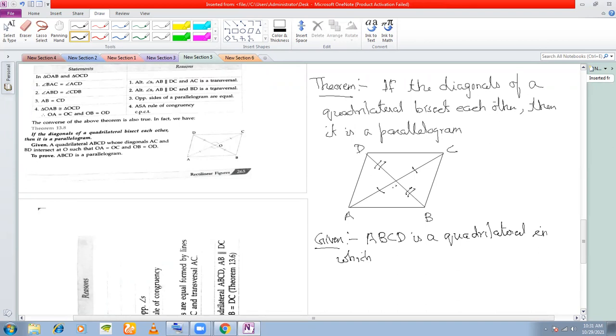That means if O is the point of intersection, OA is equal to OC, and OB is equal to OD. This is given to you. Any construction? No construction needs to be done. You have to prove that ABCD is a parallelogram.